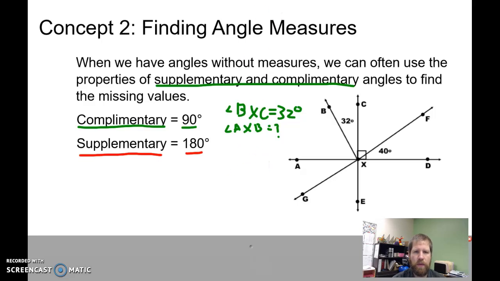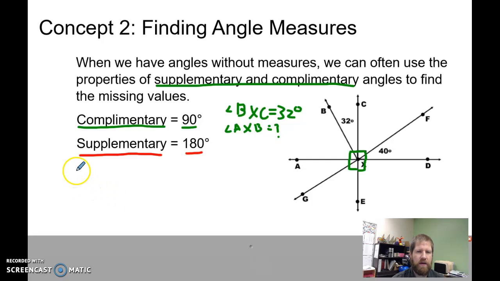So if we can find that this is a 90-degree angle, all four of these are 90-degree angles, then any two angles that add up to those are going to add up to 90 degrees. Okay, so if one of them is 32, right?